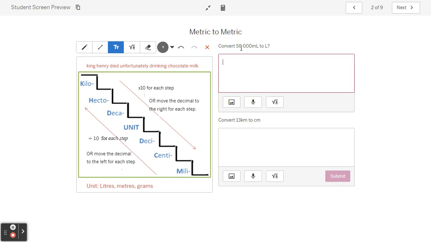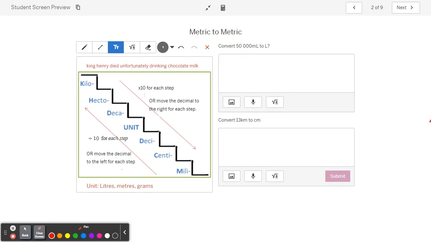Now, here are two examples. We're converting 50,000 milliliters to liters. Milliliters is here. This is a small unit, and we're going to liters, which is the unit without a prefix. Since I'm going up, I need to divide by 10 for each step, or I'm going to move the decimal to the left for each step. Okay, so 50,000.